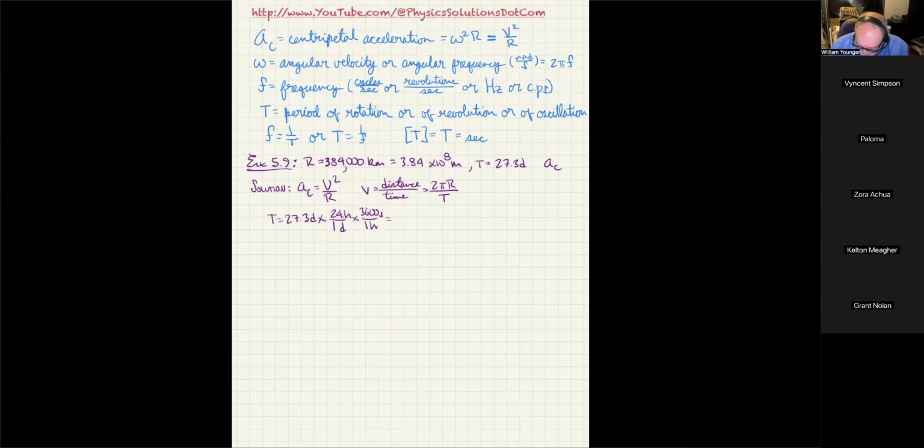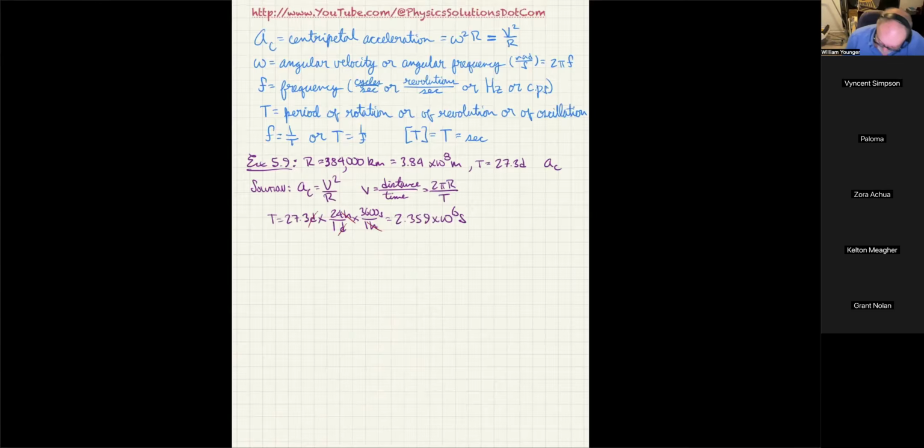And then, of course, we're dividing all that by 1, but that doesn't change the numerical values. But we have managed to cancel out the units, and now we've got 2.359 times 10 to the 6th seconds is the number of seconds in 27.3 days.